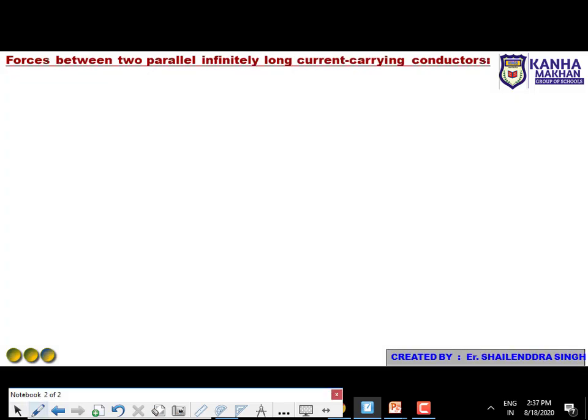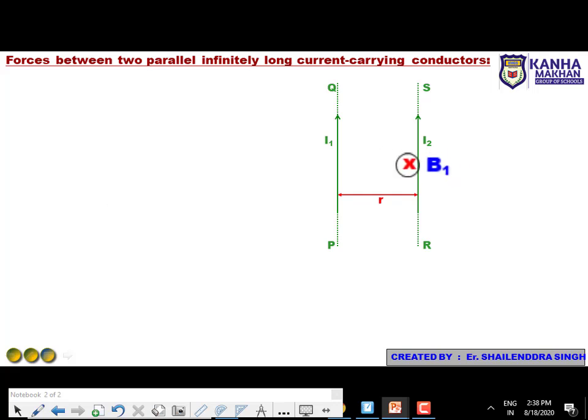Now, the force between two parallel infinitely long current carrying conductors. See on the board, suppose two parallel wires PQ and RS are given, and current is moving in the same direction, I1 and I2 are the currents, and the distance between the wires is r.